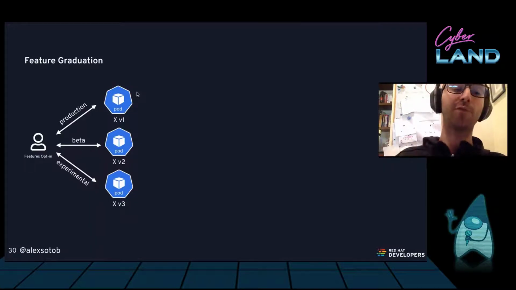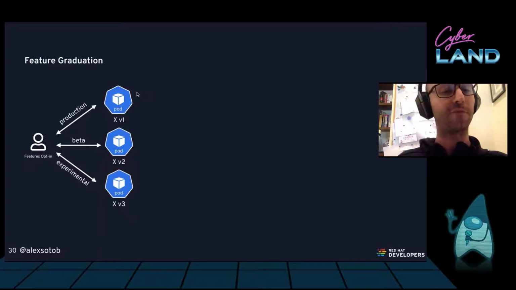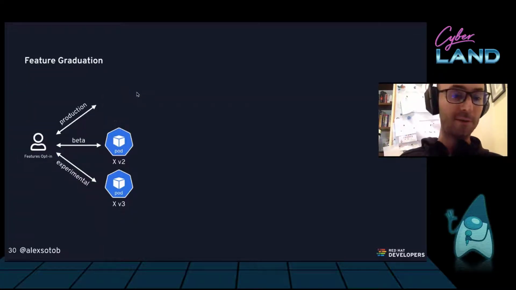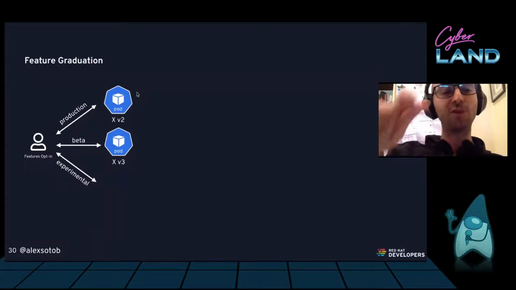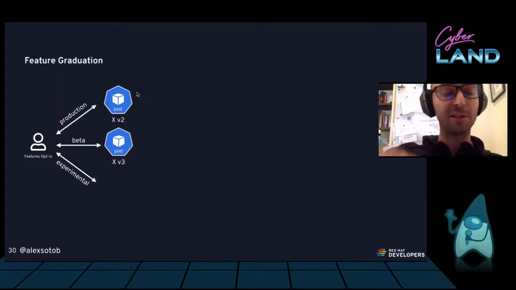So depending on this configuration, we are rerouting the traffic to any of these pods or services. What happens when the experimental is mature enough to promote to beta? It happens this. There is just a promotion where now V2 is production, V3 is beta, and there is no experimental version yet.